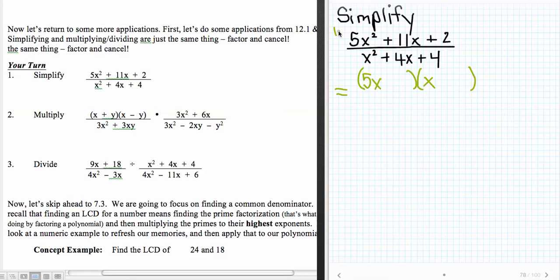Factors of 5 are 1 and 5. I'm going to use the traditional method here, but the factoring by grouping strategy as a jumping off place, right? So I had done factoring by grouping strategy of 5 times 2, which is equal to 10, and then 1 times 10 is equal to 10, or 2 times 5 is equal to 10, and I'm looking for those that sum to 11, so these sum to 11.